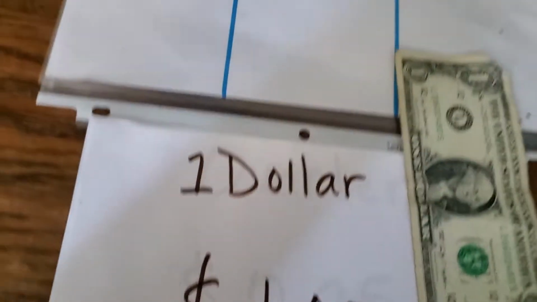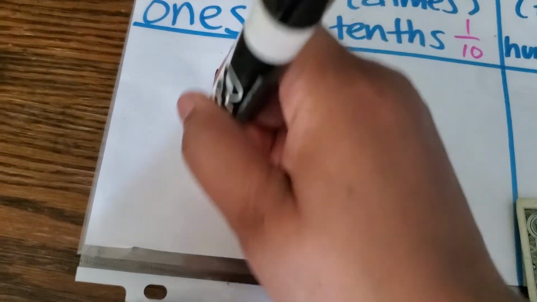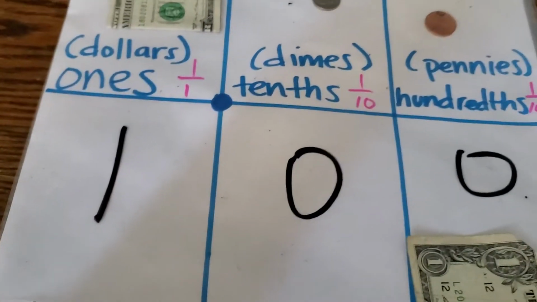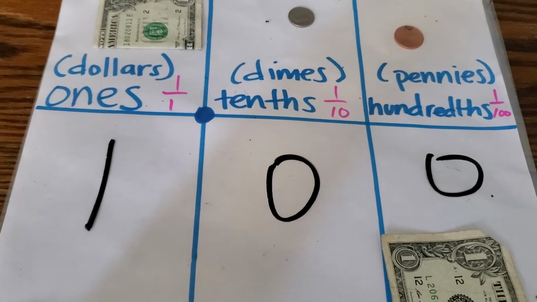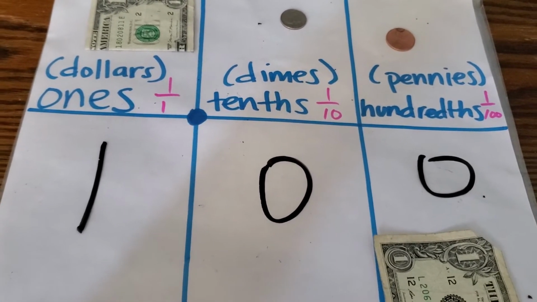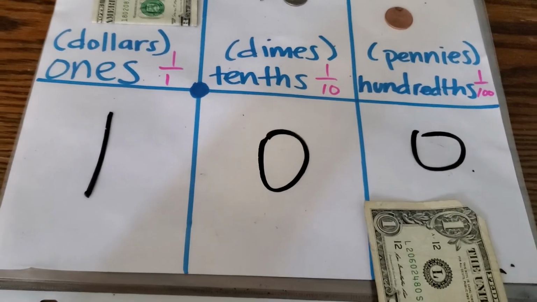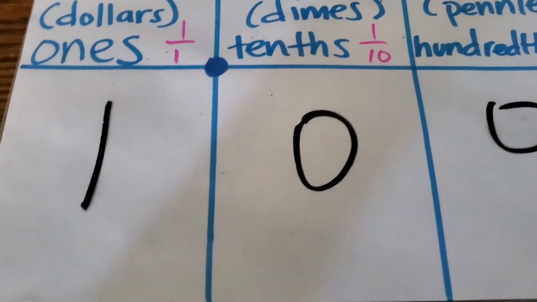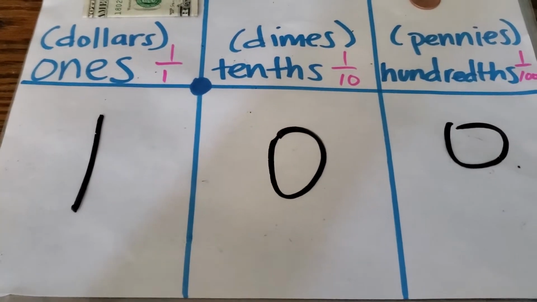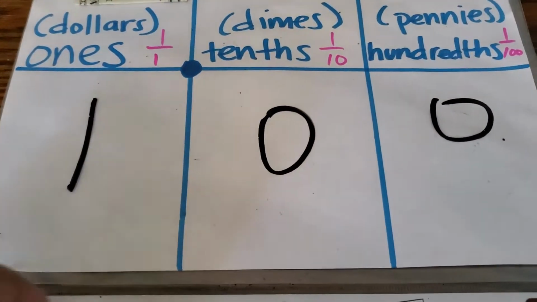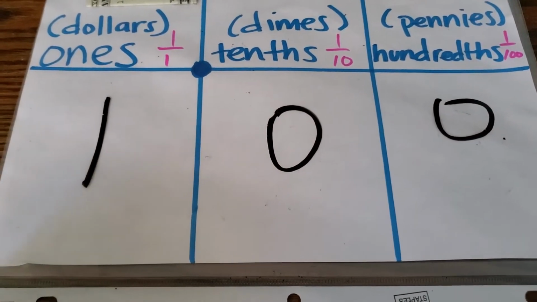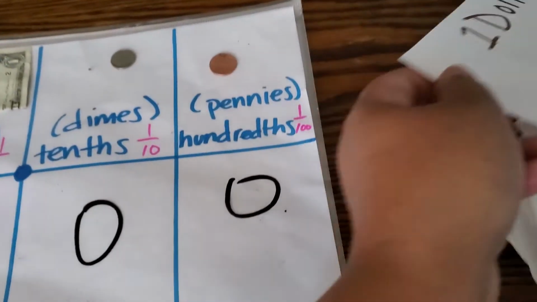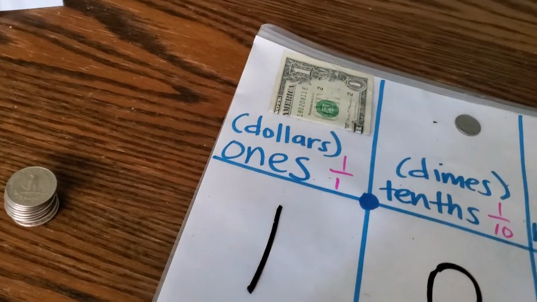If you wrote it as a decimal, 1.00, you would say it as 1, and you could say 0/10, 0/100. Or if it was a whole number, you could leave off the decimal point altogether and just say 1. So that's how you would write $1. I'm trying to do this with one hand and hold my phone. It's not that easy. Okay, so that's a dollar.